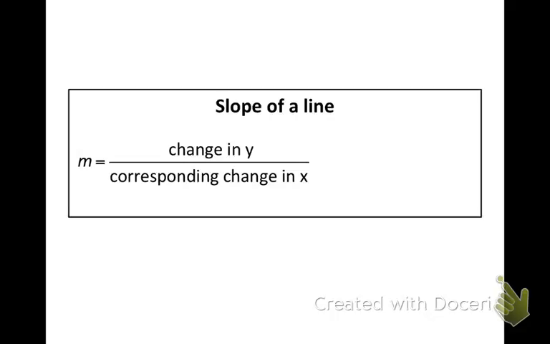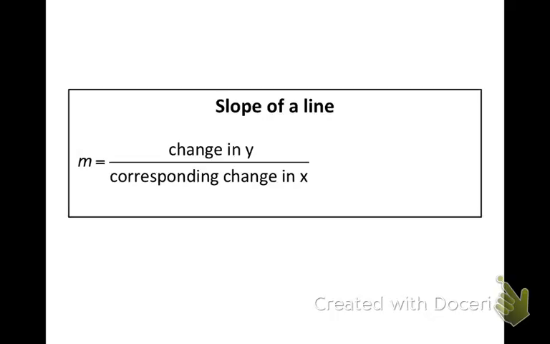Mantigrees. Yeah. All right, so remember that your slope is rise over run. Rise is your change in y, and run is the change in x. And it has to be the corresponding change in x, because it has to match up with the change in y. It can't just be any change in x.